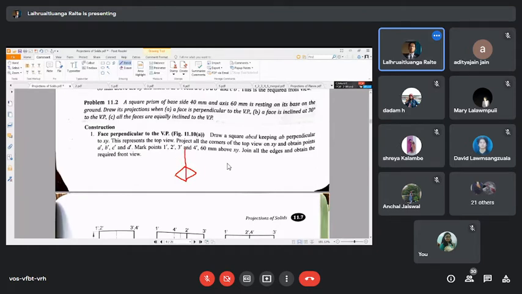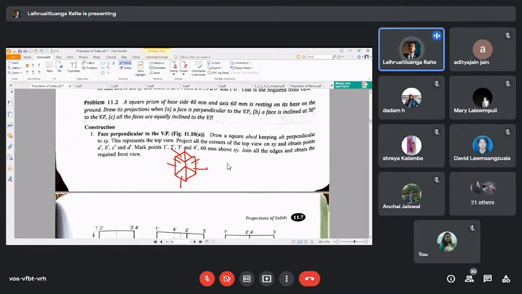So basically when we have a square prism, these are the bases, and the other four sides that create the height of the prism, these are the faces. Okay, let's call them the faces.